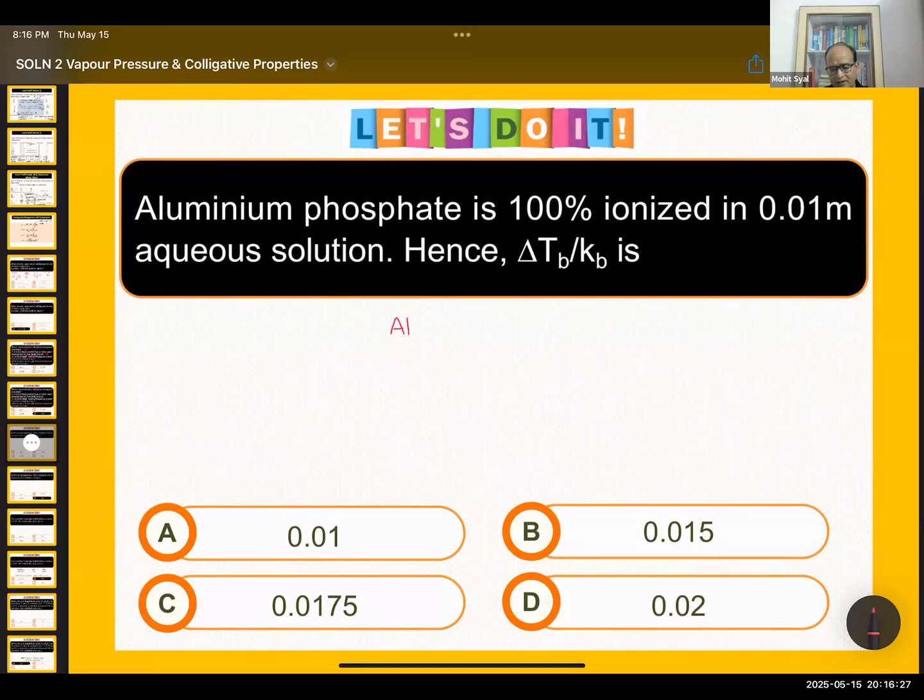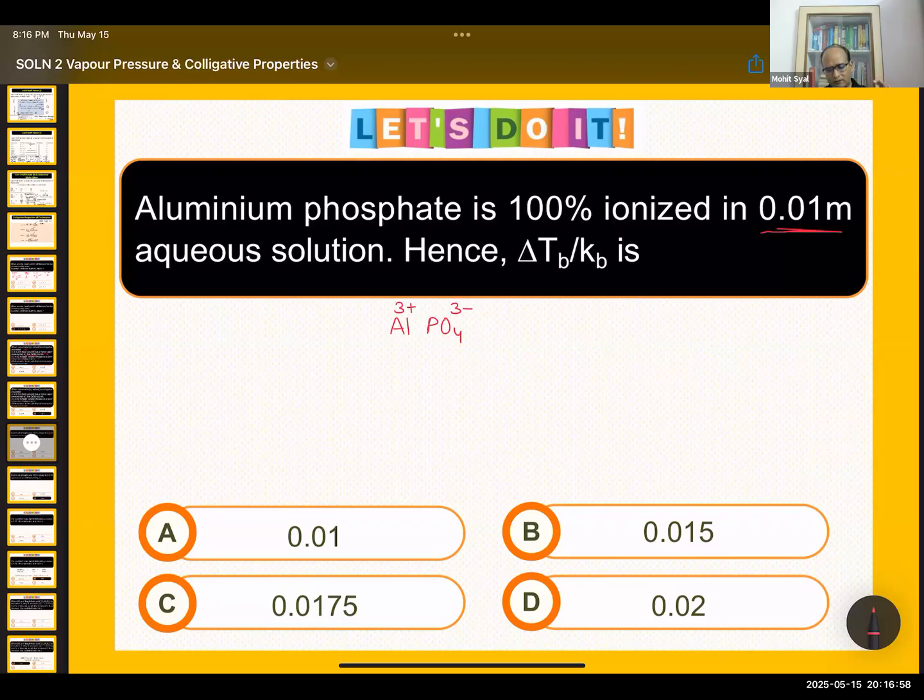Aluminum is Al3 plus, the cation, and phosphate is PO4 3 minus, the anion. It is 100% ionized in 0.01 molar aqueous solution.